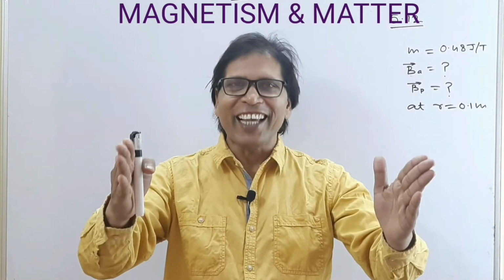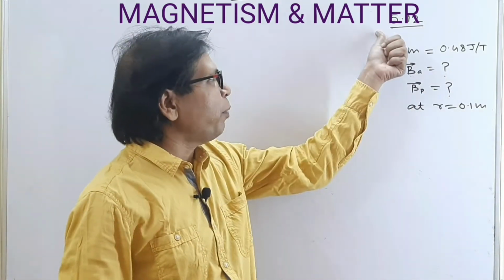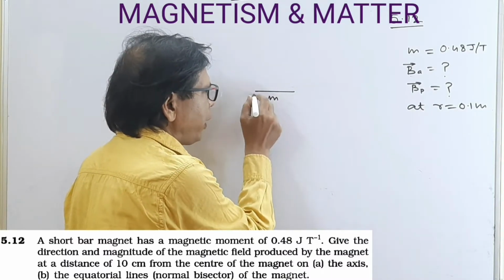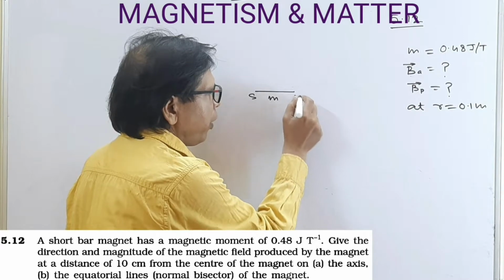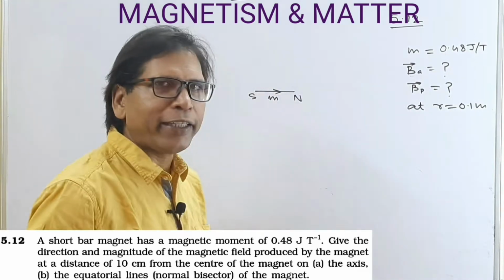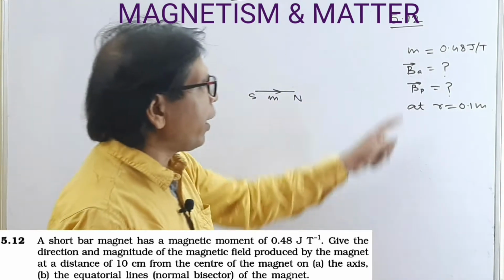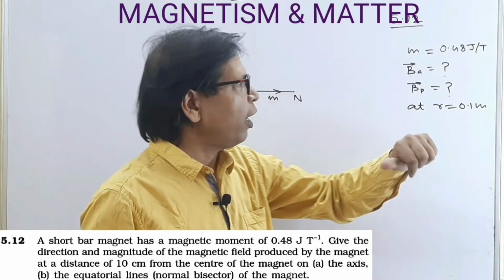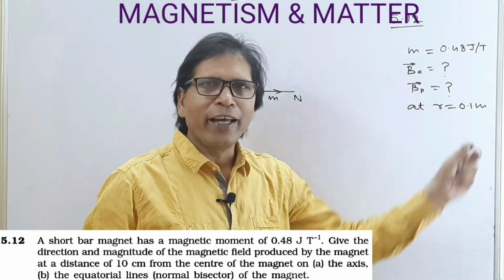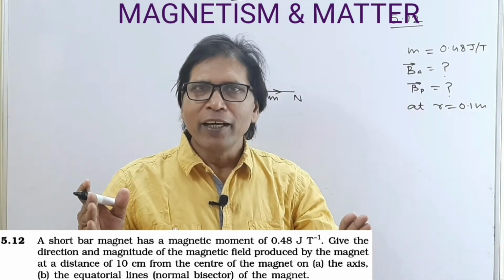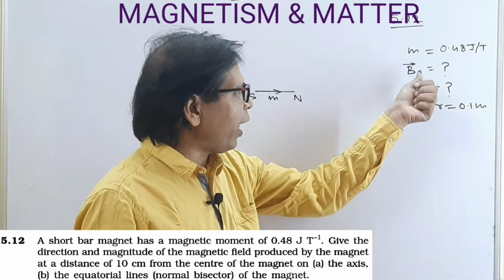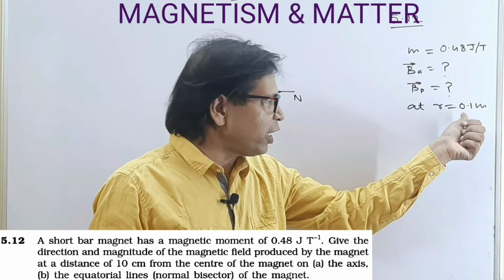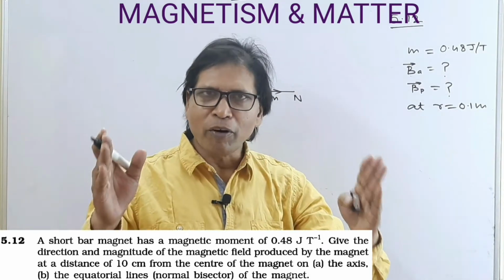Now look at this NCERT numerical 5.12. Look at this. This is a small bar magnet of magnetic moment small m, and the magnetic moment is directed along this direction. The magnetic moment is given as 0.48 joule per Tesla. We have to calculate the magnetic field and its direction on the axis and perpendicular bisector position at a distance of 0.1 meter from its center.